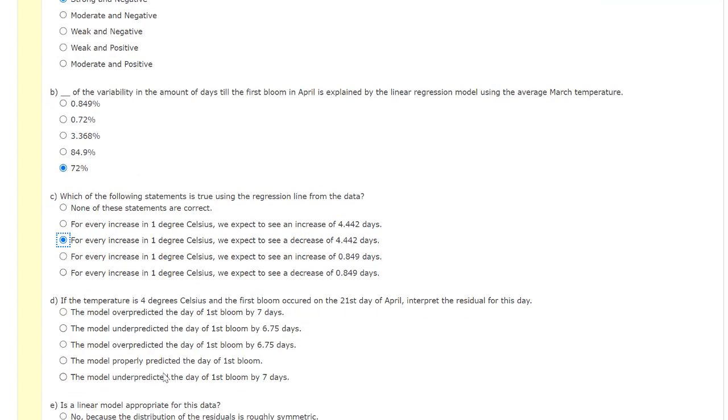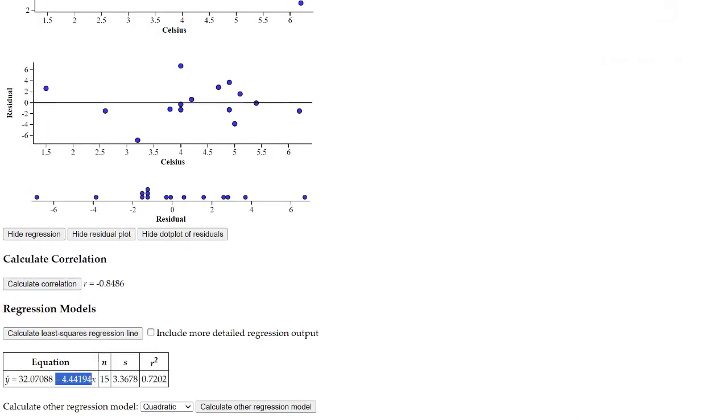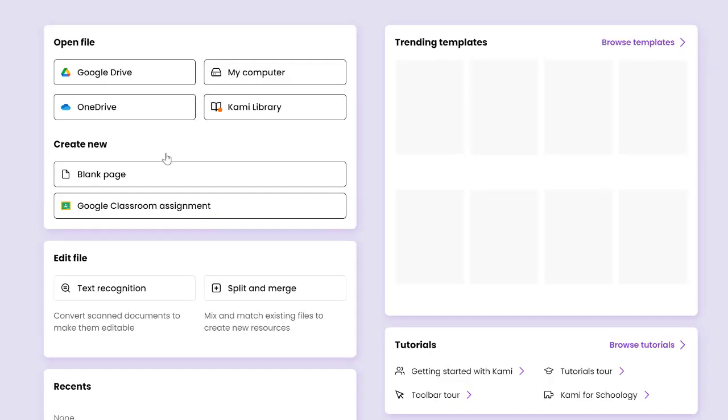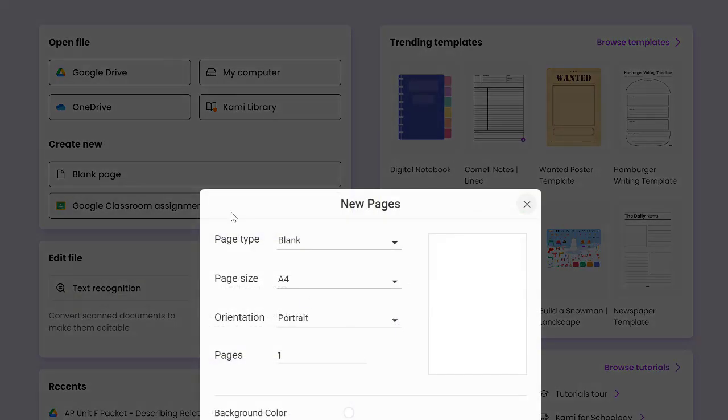If the temperature is 4 degrees Celsius and the first bloom occurred on the 21st day of April, interpret the residual for this day. Okay, so if the temperature is 4 degrees Celsius, what we're going to have to do is take this equation. Let me pull up a blank Cami for you. So give me a second. I got to go to a blank page.